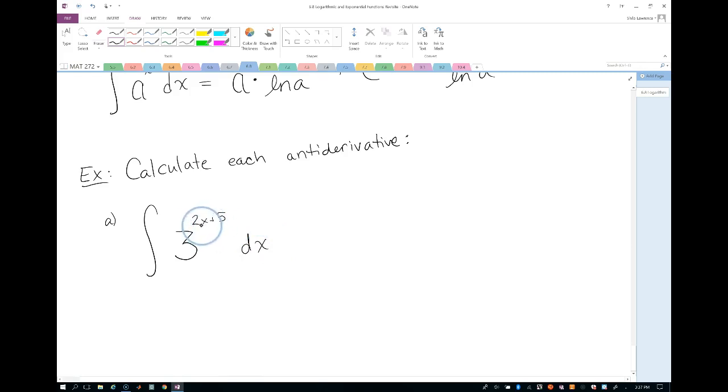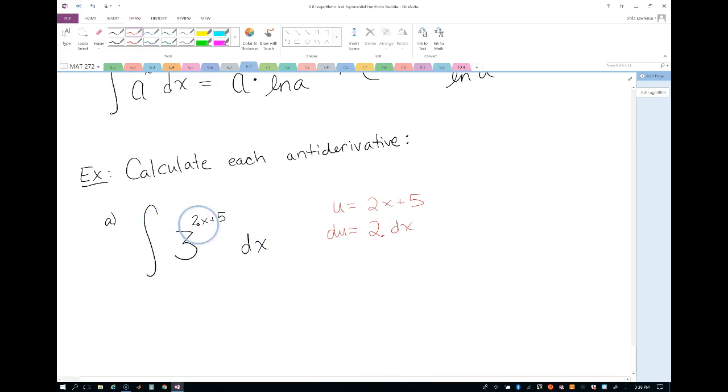Because we don't have just a single linear x in our exponent, we're going to want to do a u substitution for the exponent. So we're going to let u equal 2x plus 5. That means that du is going to equal 2 dx.